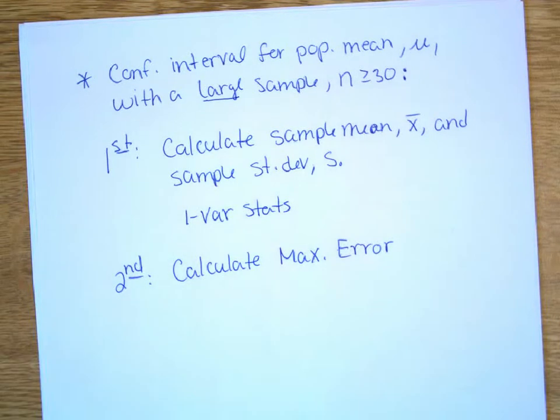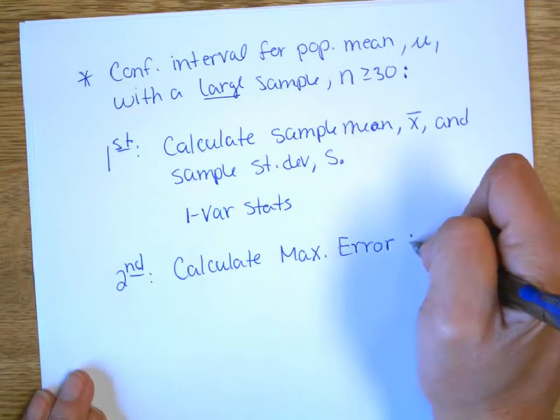What max error represents is kind of right in the name. It's the maximum amount you would have been away from the population mean, from the actual value. The farthest away you could be for that given confidence level. And it's just a simple plug and chug formula.